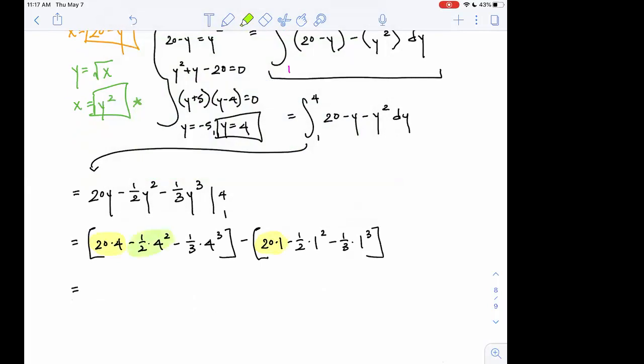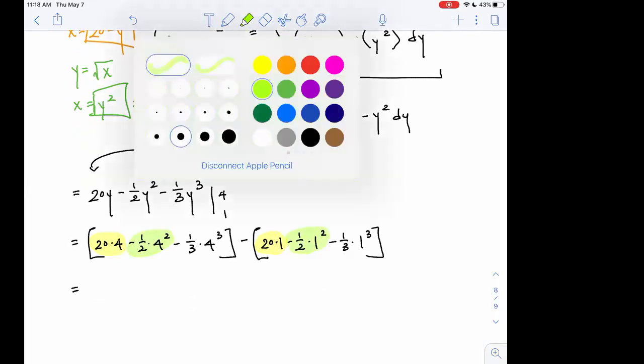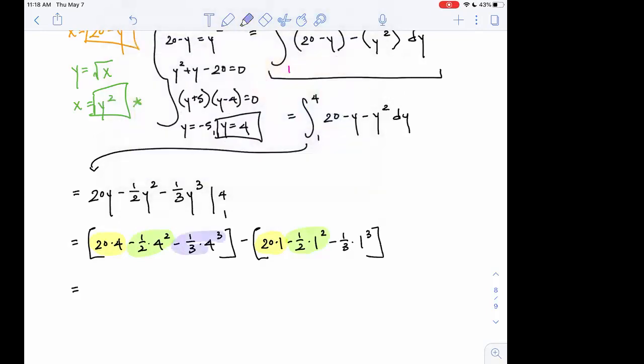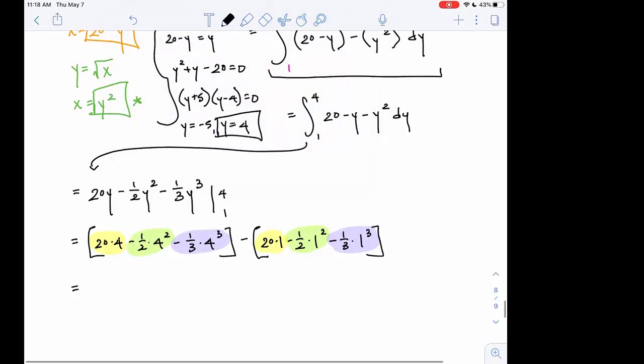And this is going to be a fraction over 2, but so is this one. So I'm going to group those together. And then this is going to be some fraction over 3, and so is this one. So I'm going to group those together. So let me expand it first, and then I'm going to group by the colors.